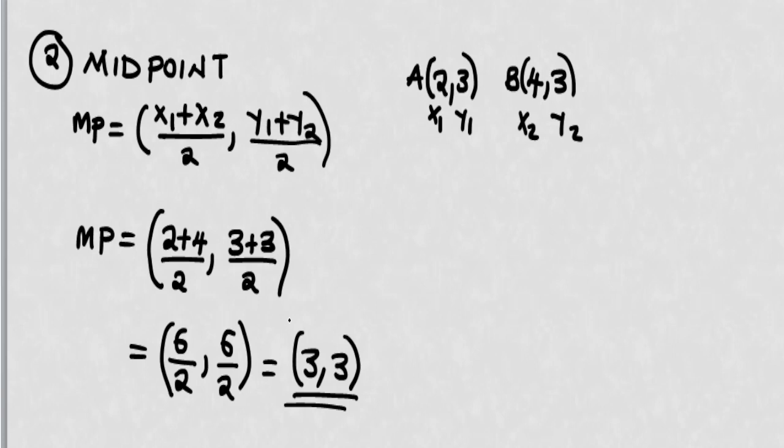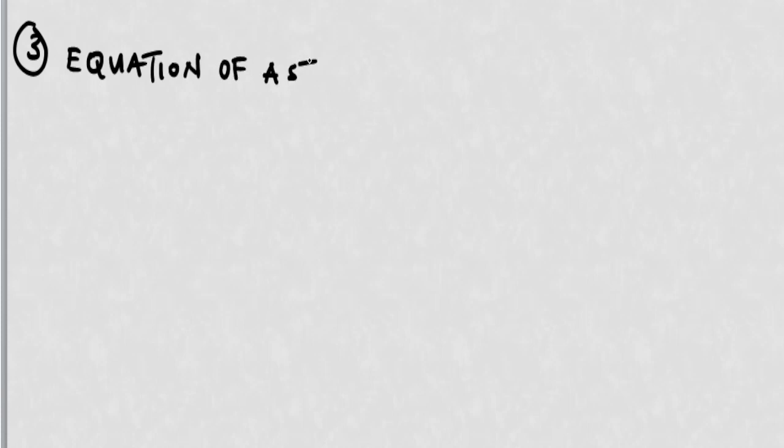Okay, the other concept that we're going to look at here is how you can find the equation of a line. So this is the third concept. How can we find the equation of a straight line? Now suppose you are given 2 points again.